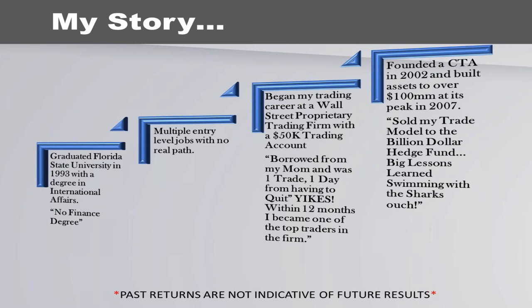They asked me would I trade some of their money, and it's something I had never done before. And I said, yeah, I guess it's interesting. I thought about it, and ups and downs in terms of trading prop was very different. Trading outside money from a management standpoint, again, a very different approach. But I was able to build that over time from 400,000 in assets in 2002 to 100 million.